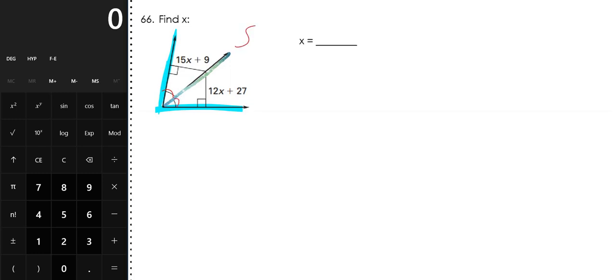So this ray is an angle bisector. Now the angle bisector theorem tells us that any point along this ray is going to be equidistant to the two sides that make up your main angle.